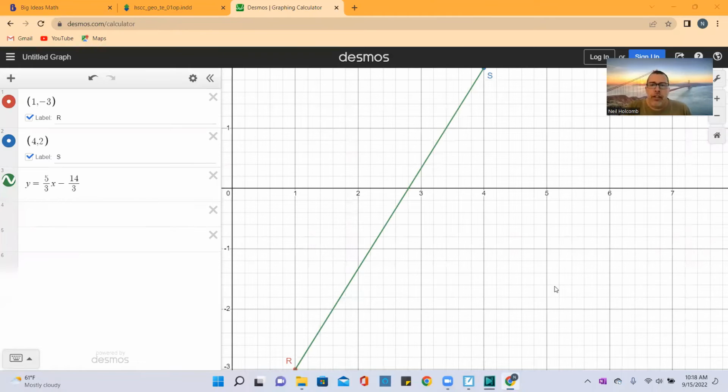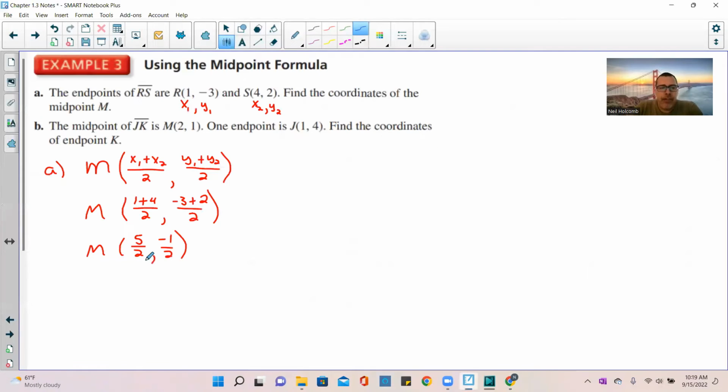Okay, so I calculated the equation that would go through those two points. That's not important at this time, but there is the segment RS. What I want to do is find where the midpoint is. So if I go back, I got 5/2, comma, -1/2.